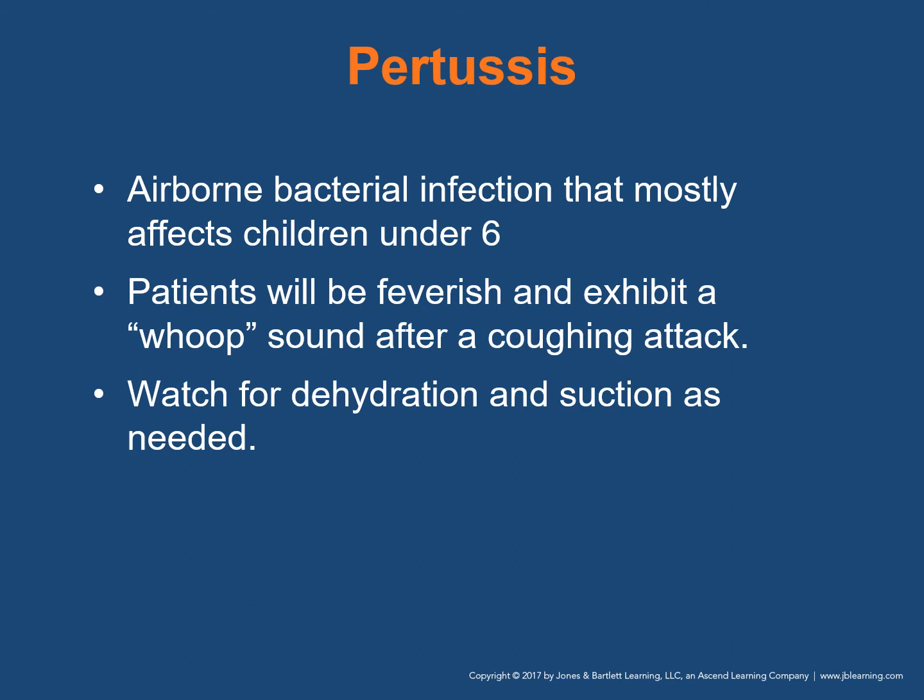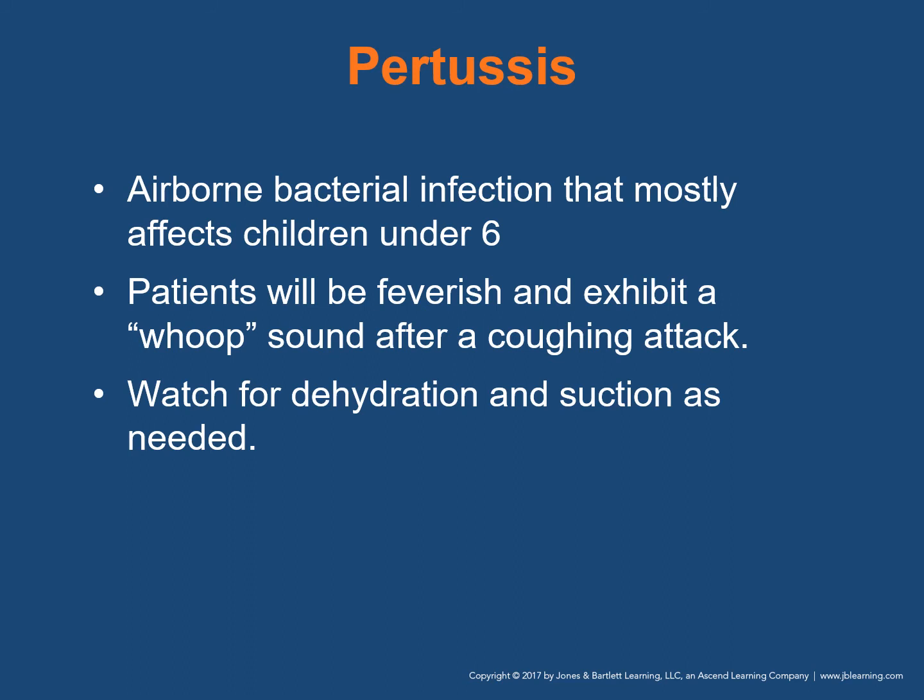And what happens is this bacteria develops very thick secretions in the back of the throat and down the bronchi. And when they cough and they have bad coughing fits, they'll whoop. It's called whooping cough. Whoop, whoop, like that. And that's from the obstruction of the thick, yucky stuff that's in the back of their throat.